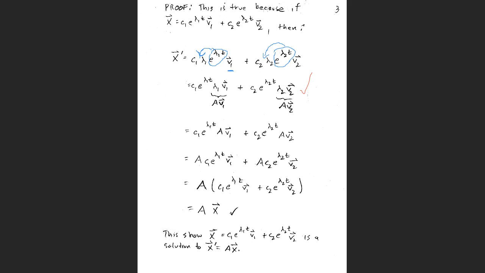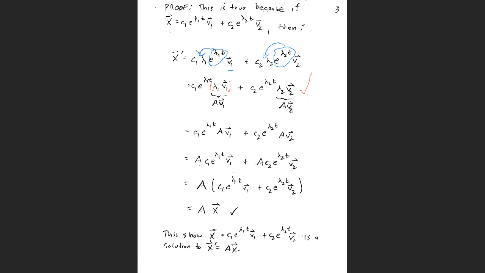But you see, lambda 1 times v1 is equal to A v1, because lambda 1 is an eigenvalue and v1 is an eigenvector. By definition, A times the eigenvector v1 equals lambda 1 times v1.